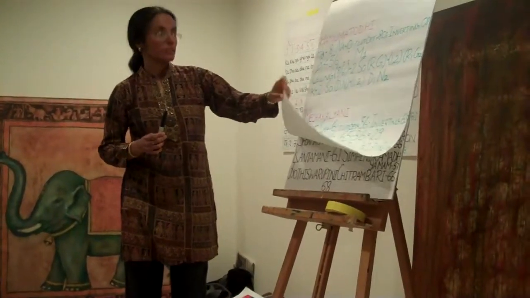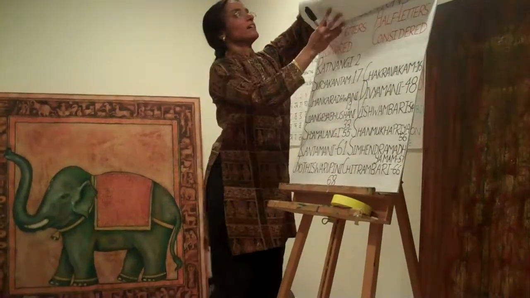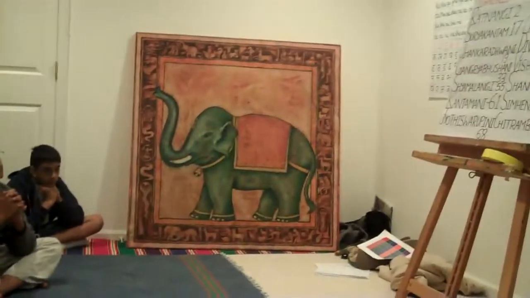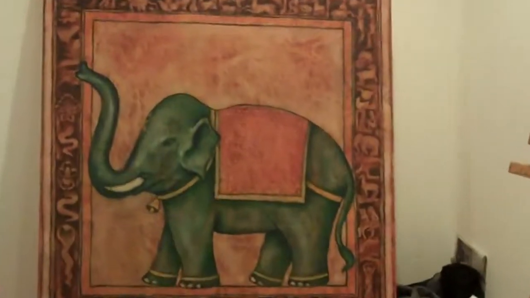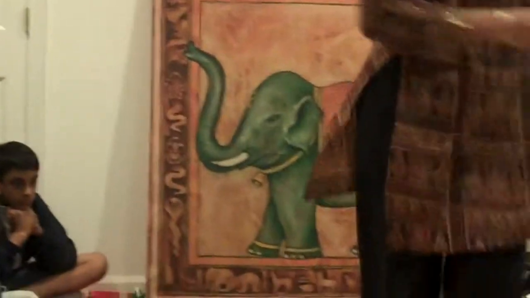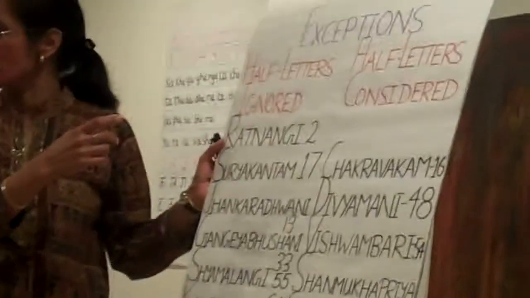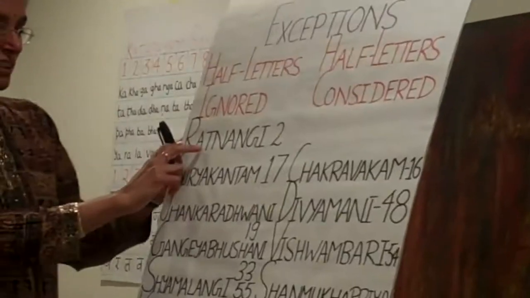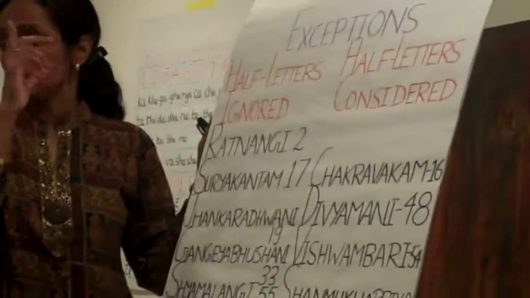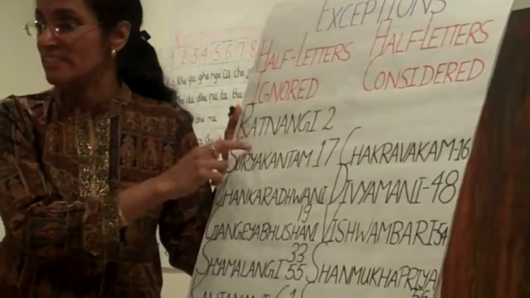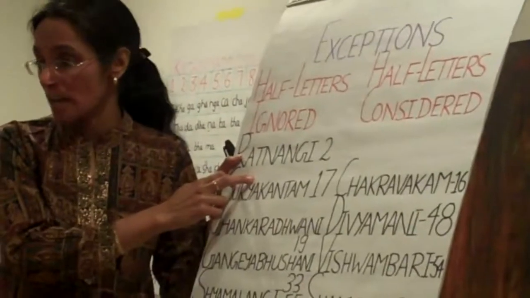Okay, next we go to the exceptions. These are the ragams which have something called half letters. Like the first Melakartha was Kanakangi, but this is not Ratanangi, this is Ratnangi. That's what I mean by a half letter.